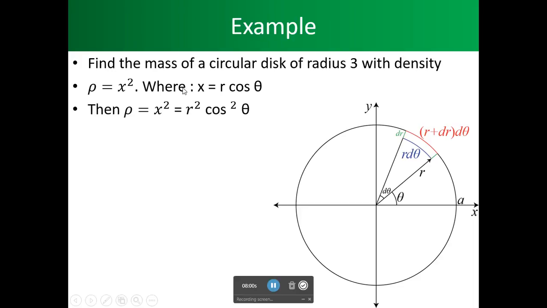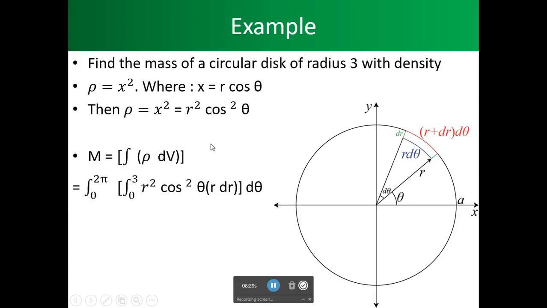Then plugging this value, r cosine theta, into this formula for density of x squared, we get it equal to r squared cosine squared theta. So the mass formula is the triple integral of rho dv. So this is our rho, we have that here, and this is our dv.